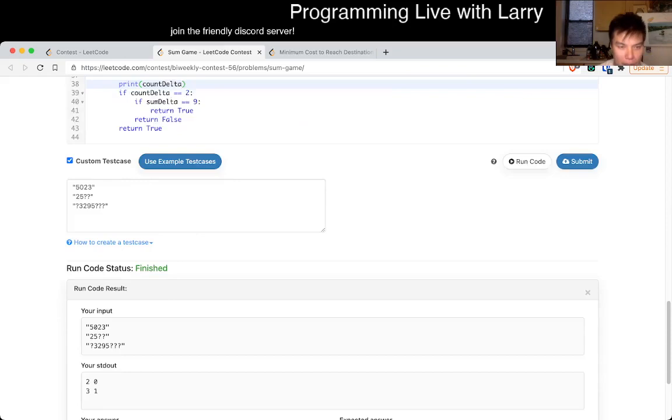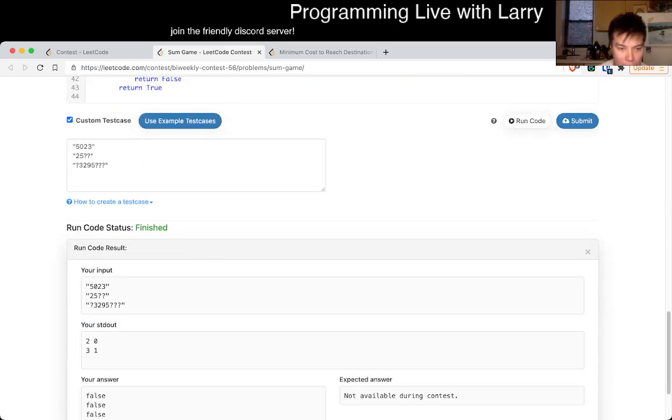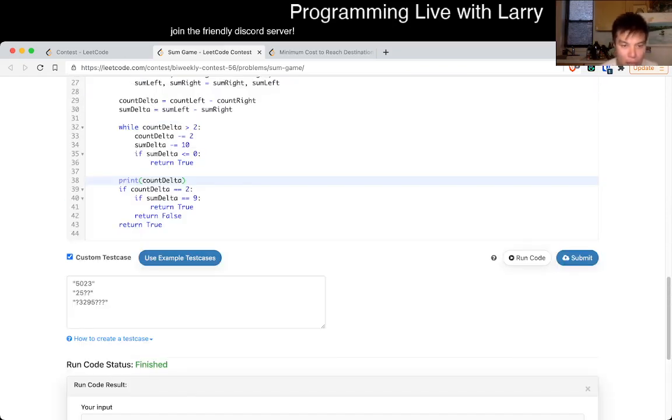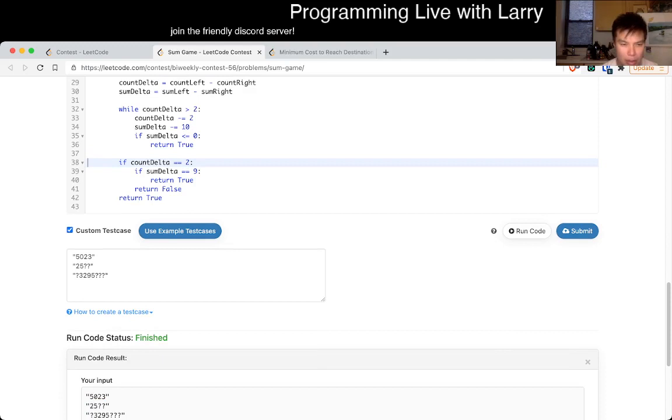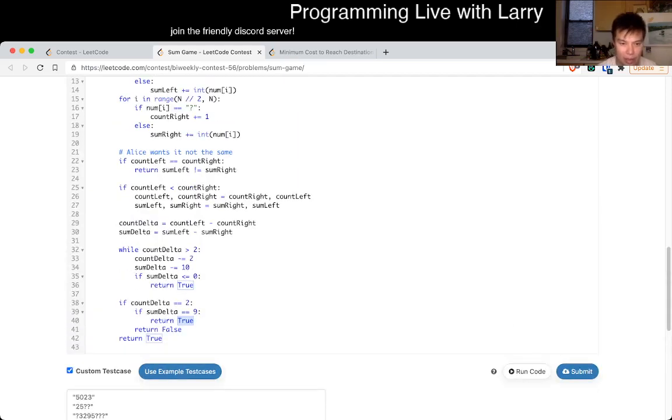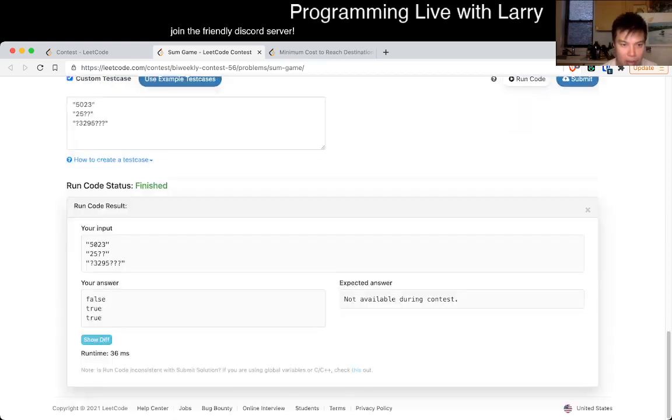I have false on the last one, but why is this true? So okay, so we have 2 left, and the answer is -7. So this should be, oh, I mixed it up again. If it's 9, then we cannot win. Otherwise, we win. Otherwise, if there's 1 digit, we win again. Okay, well.